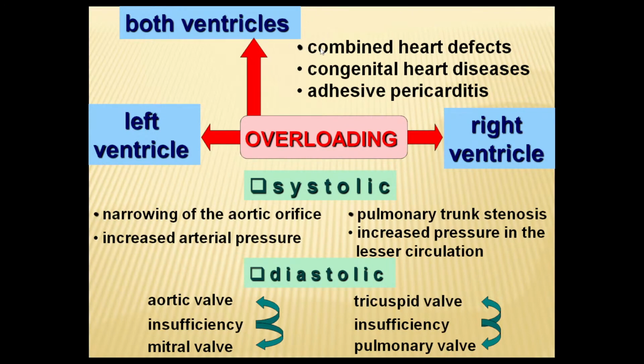It may be a problem with the right and left ventricle valve or orifice. It is more characteristic for congenital heart diseases which appear in a younger period, and adhesive pericarditis, which restricts the activity of both heart chambers.